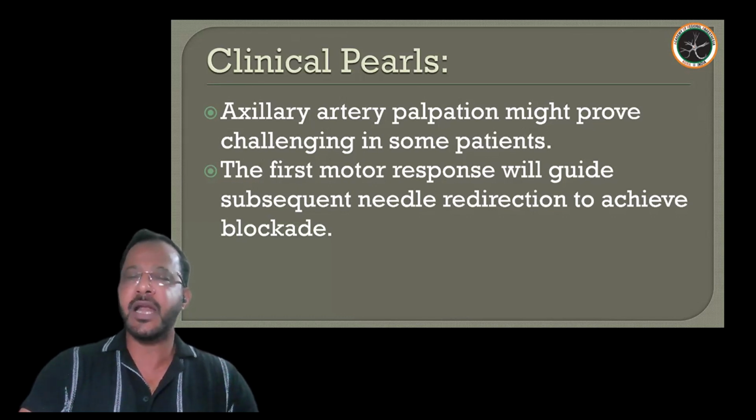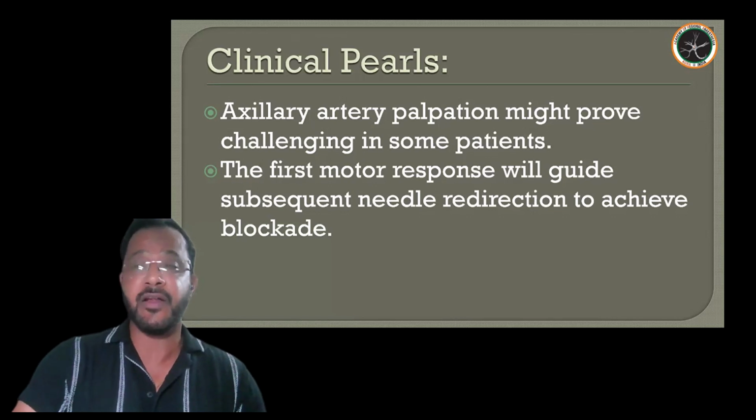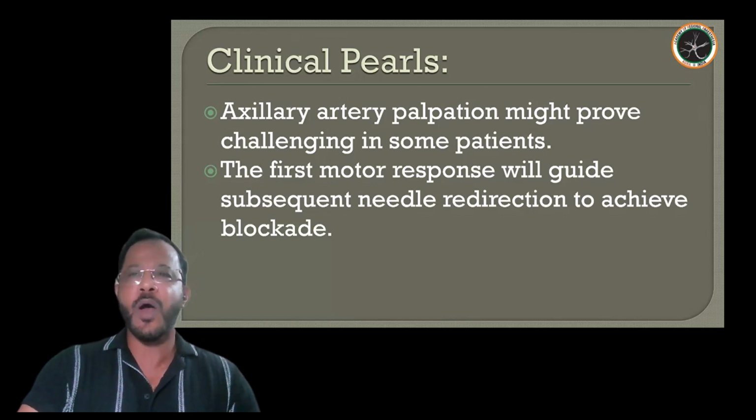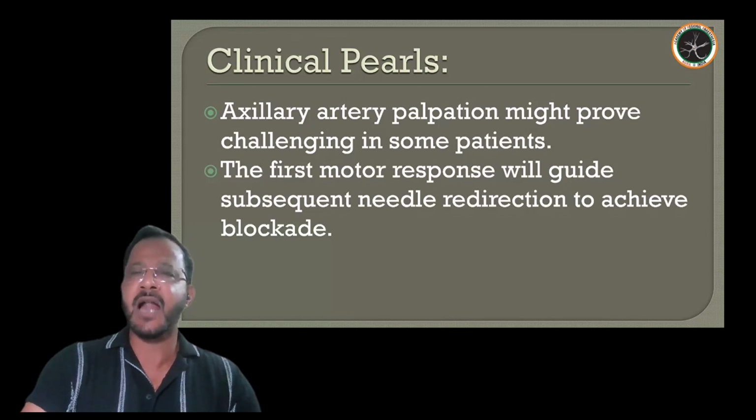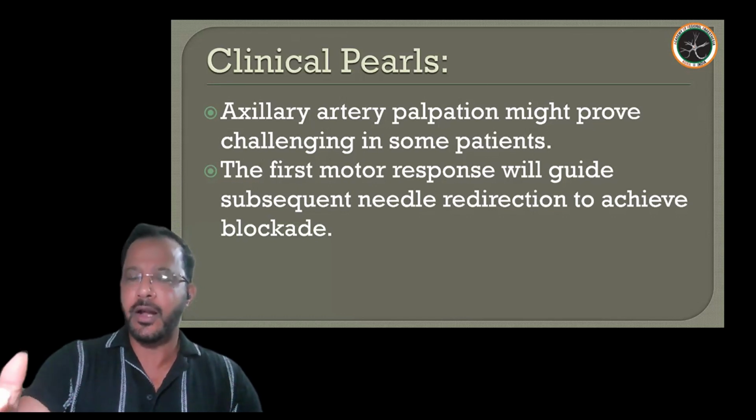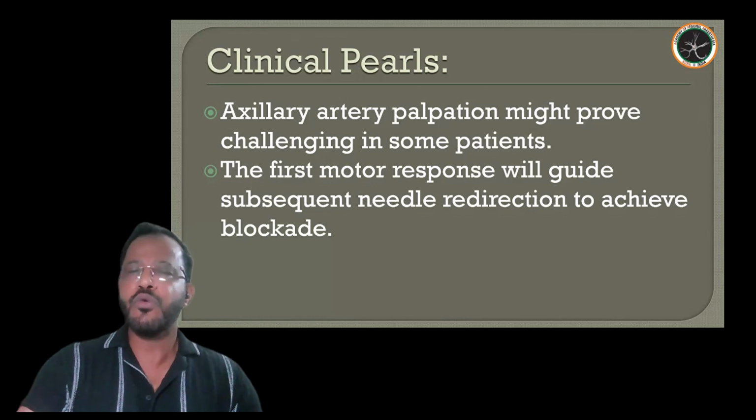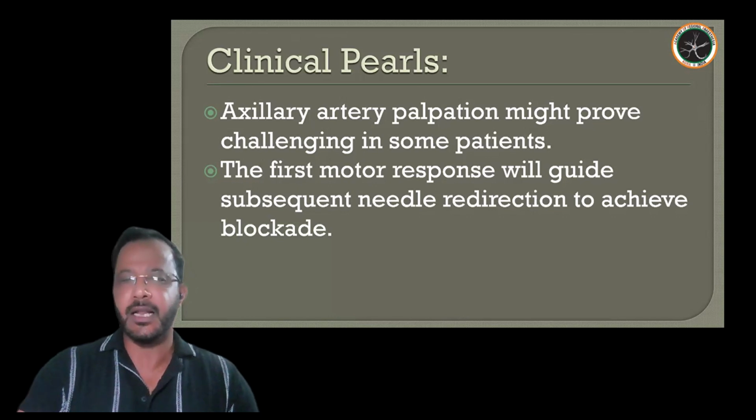Suppose you have inserted the needle at the highest point of the axilla, and you are not able to appreciate the axillary artery palpation, and you are getting a musculocutaneous nerve response. It means your needle is outside the neurovascular bundle, and you are superficial, above the artery. You have to bring your needle down to block the median nerve, the radial nerve, and the ulnar nerve.